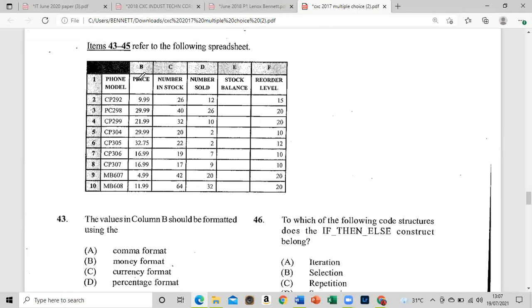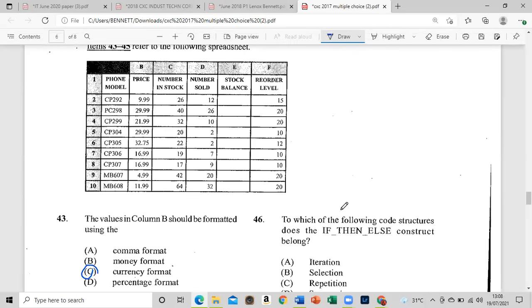So column B are this, right? This will be price. So it's currency. Since it's price, it should be currency. I know the ladies on here, you love money so much.